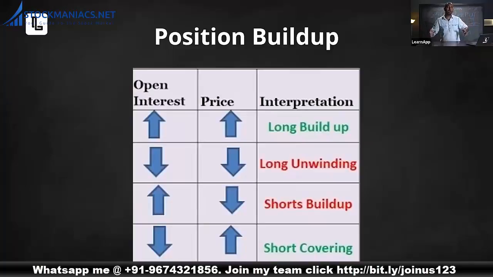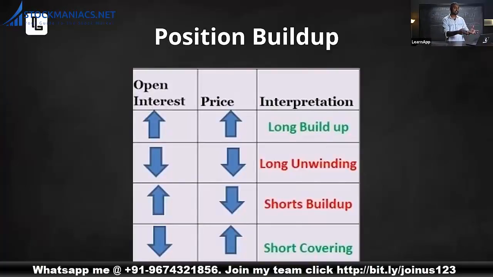The people who are long on that particular strike price are exiting and booking their profits. Then comes short covering. The shorts which were built also need to be booked, right? So suddenly the price starts going up and the OI starts falling.